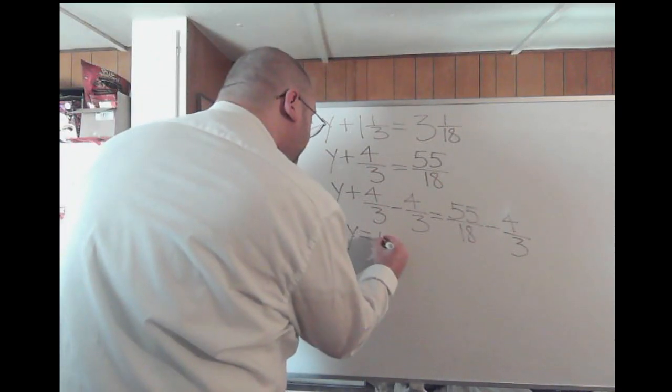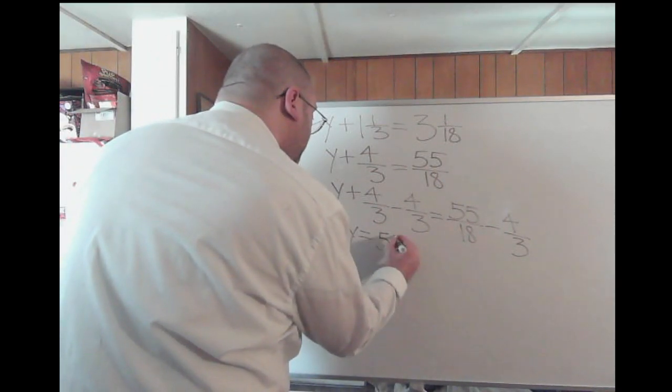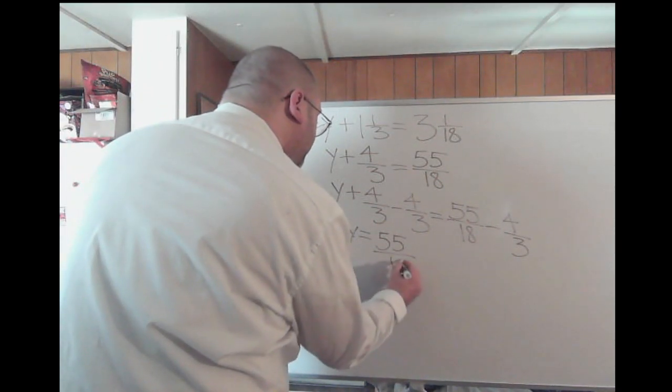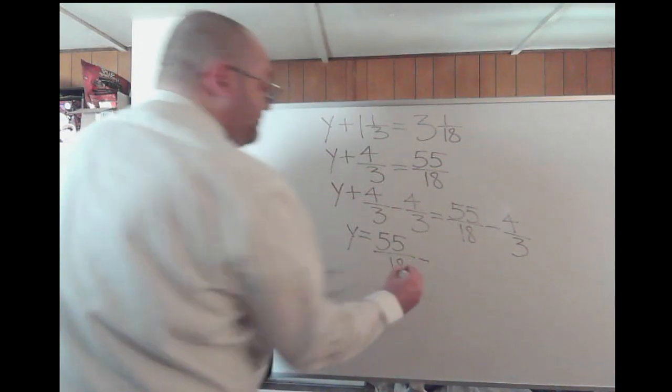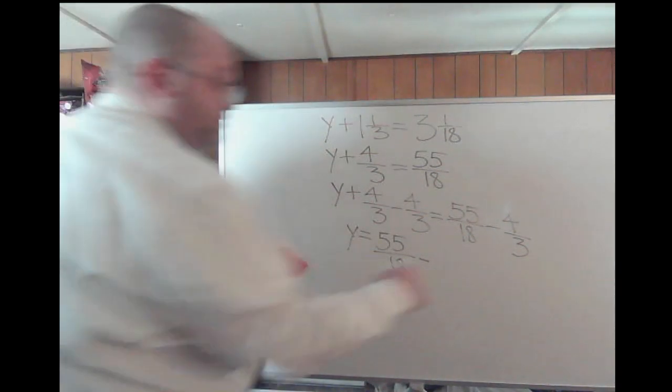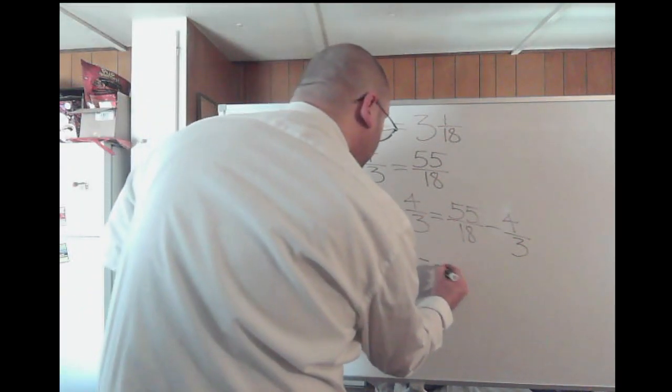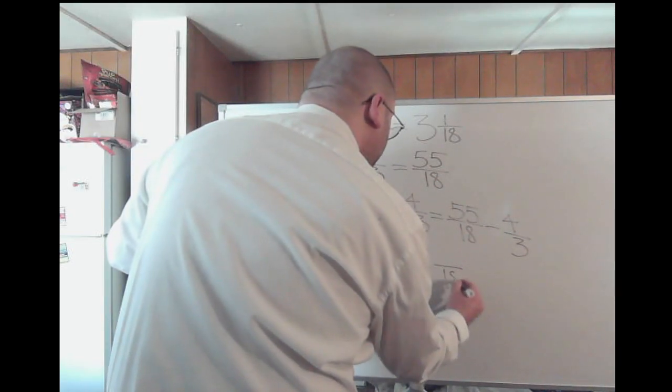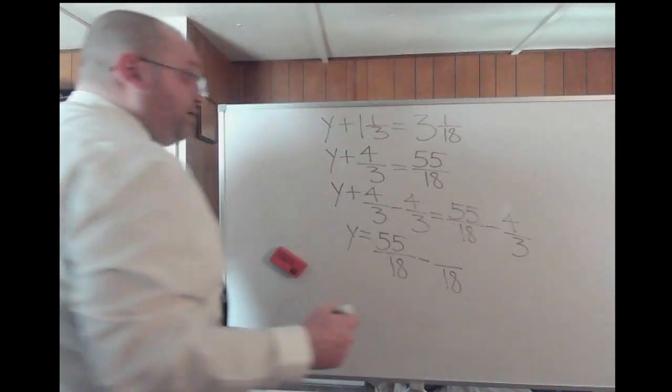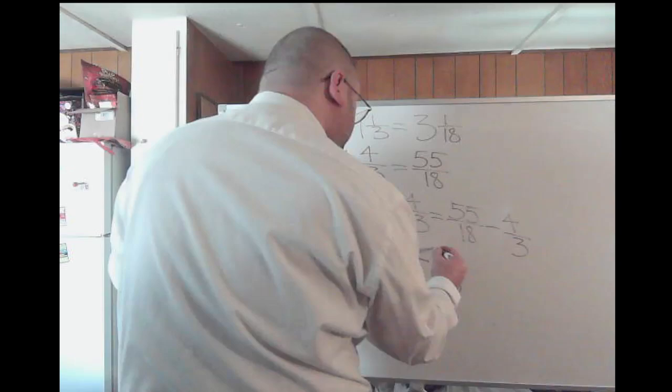So you can leave your 55/18 alone. That's already the least common denominator for that fraction. But for 4/3, in order to convert 3 to 18, we have to multiply by 6, which means you have to multiply the numerator of 4 by 6 as well, which would be 24.